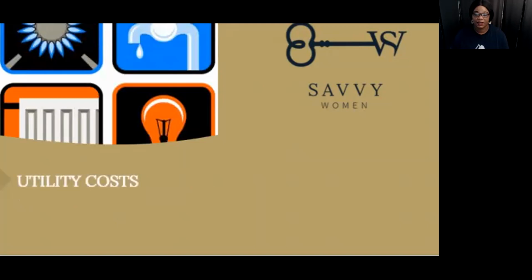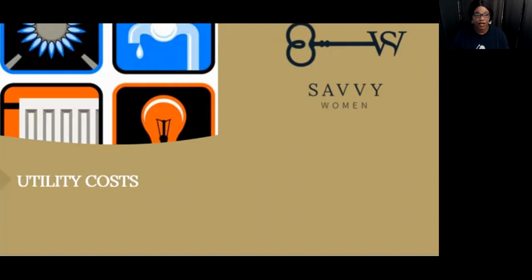Utilities is also frequently underestimated. If the property has already served as a rental property, make sure you find out exactly what the owner pays for and what the renters pay for. You should also make sure you find out whether you'll be responsible for other costs such as trash collection and things like that.